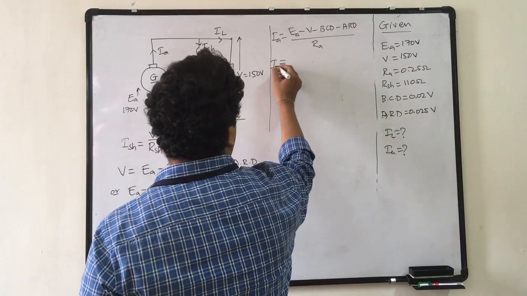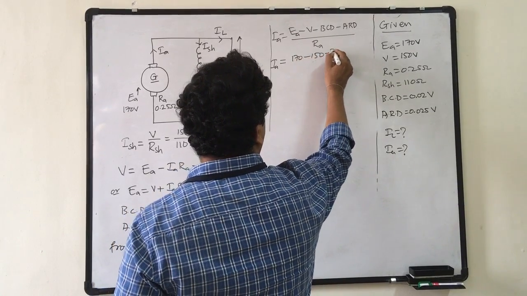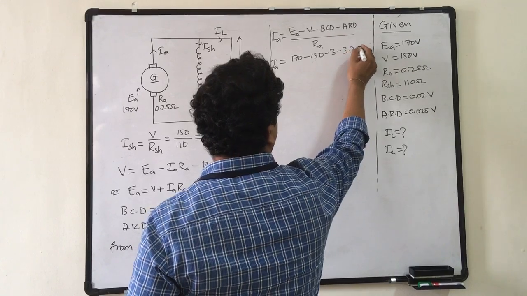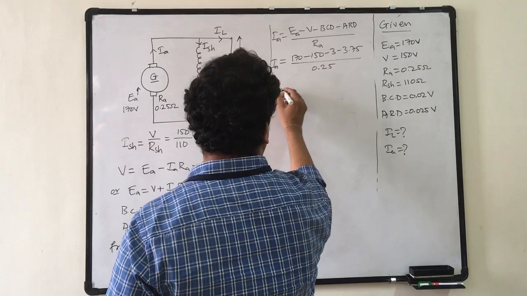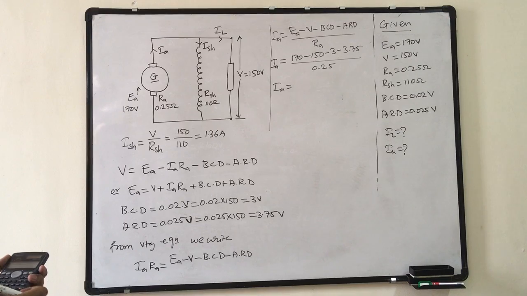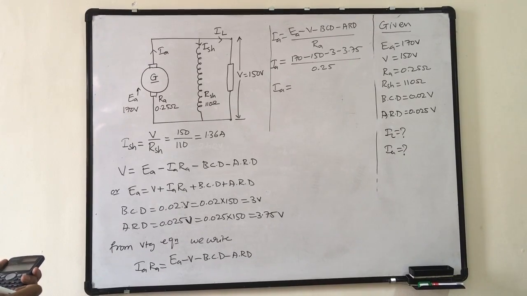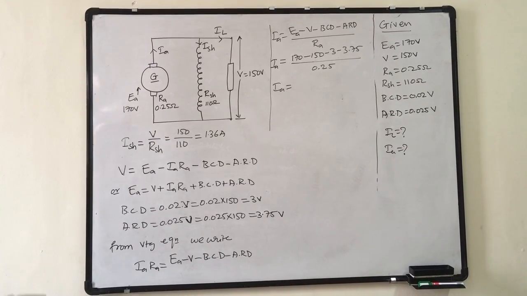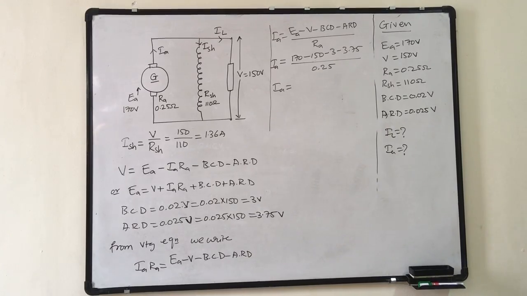Now substitute all values we know: 170 minus 150 minus 3 minus 3.75 divided by 0.25. It is 53 amperes. My IA is around 53 amperes.